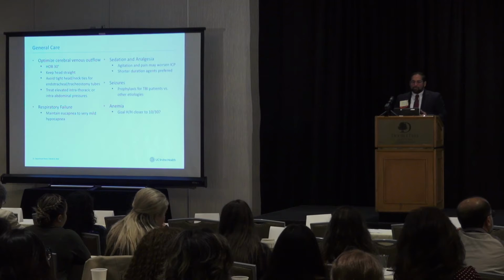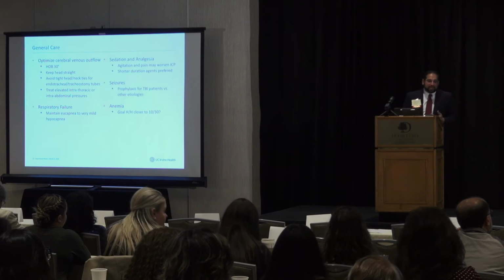Anemia can also potentially worsen edema. And this is because if you have a very anemic patient, now you have a drop in intra-oncotic pressure inside the vessels, and the rest of the fluid is probably going to go out into a damaged area of the brain a lot more. So it's recommended to treat anemia.